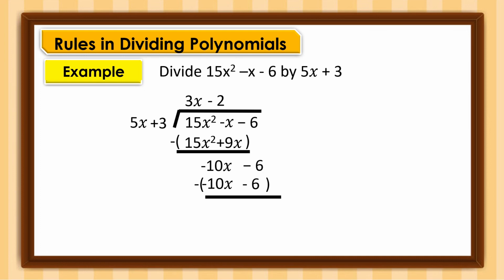So negative 10x minus negative 10x is 0. And negative 6 minus negative 6 is 0. Therefore, we have no remainder. And when we divide 15x squared minus x minus 6 by 5x plus 3, our answer is 3x minus 2. And that is how we divide polynomials.